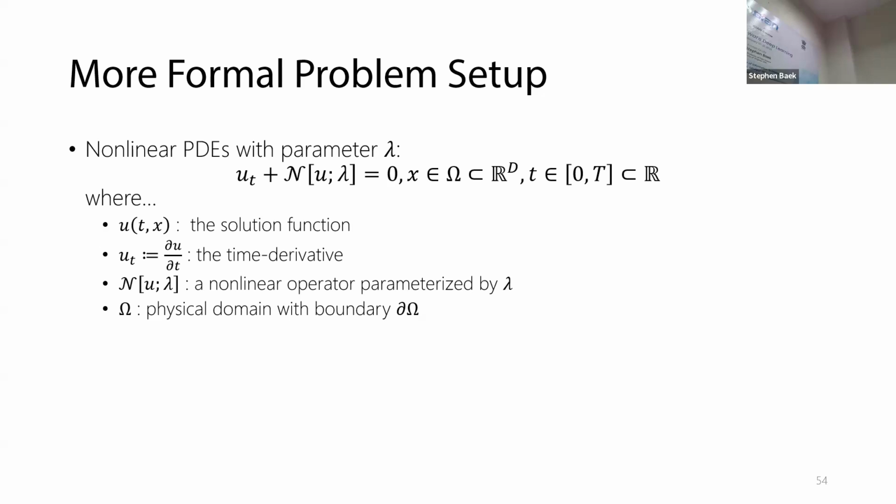So lambda, for example, can be things like the stiffness matrix of your solid system, or it could be the Reynolds number defining the fluid flow. Any physical parameter that governs the physics is represented as lambda, and then operator N is parameterized by those physical quantities, so that the rate of change is defined by those physical quantities as well. And finally, omega, like I said, is the physical domain whose boundary is denoted as partial omega.